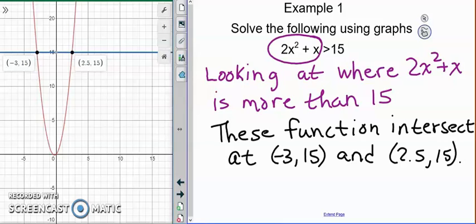But when we start talking about our x values, we are looking for where our actual function is greater than 15. So I'm going to write that out too.